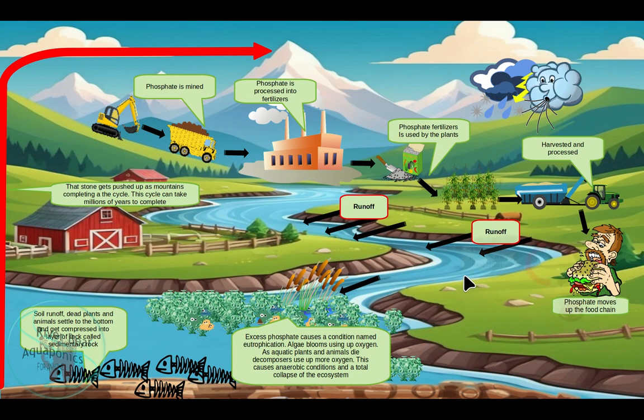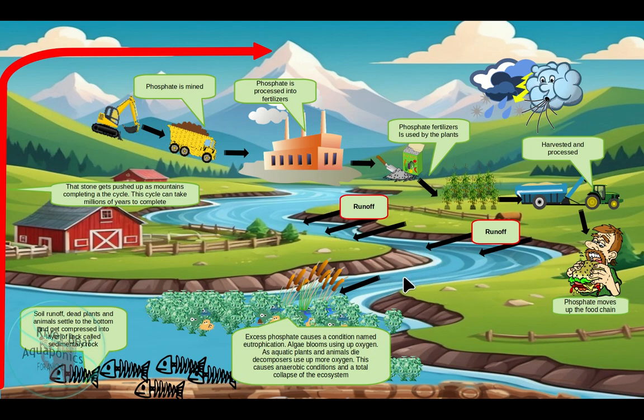I didn't show it here, but some of this stuff will die off, and eventually the little mini cycle will start, with decomposers and so on. But what happens here is sometimes we'll use too much fertilizer, and the rain will come along and wash it off into the waterways.